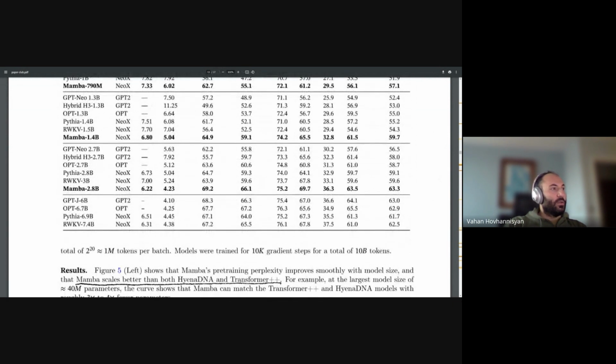Cool. So very impressive performance compared to smaller models. You can even see GPT-J 6B, there is this OPT 7B and so on. All of these perform slightly worse than Mamba.